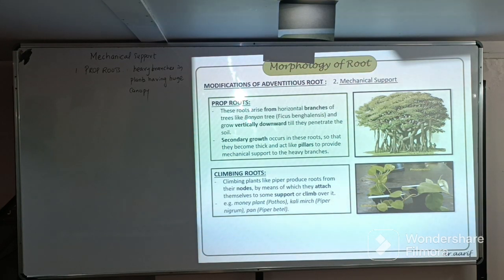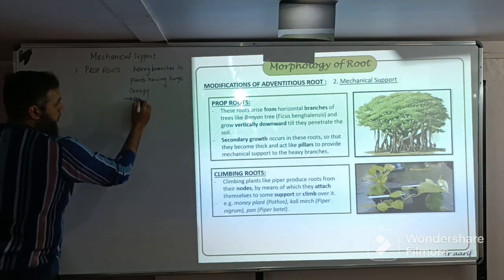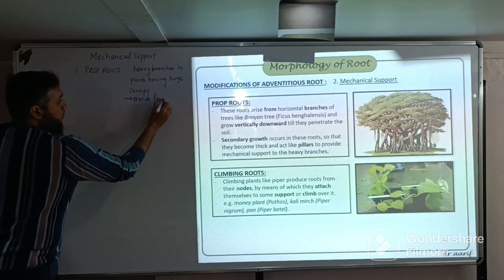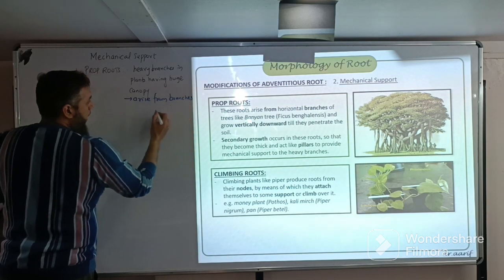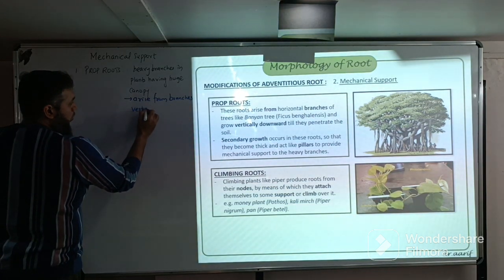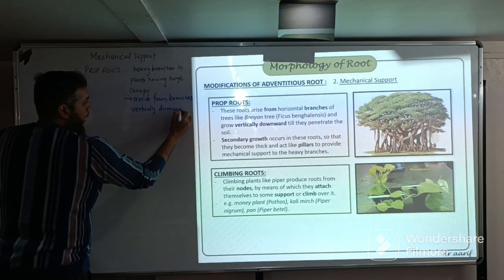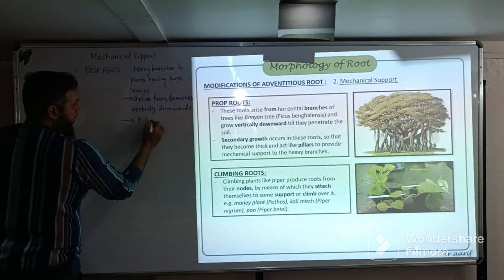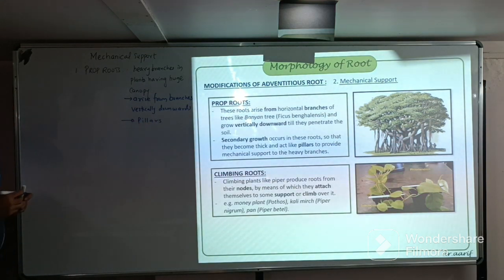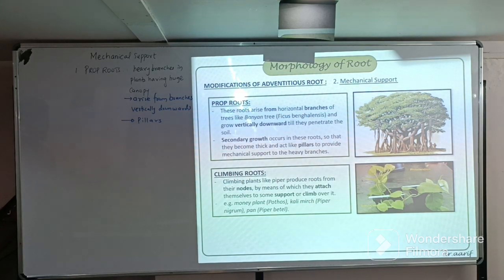And where do the roots arise from? These roots arise from the branches and they grow vertically downwards. And how do they look? They look like pillars. That is why they are called prop roots. Did my class follow this?